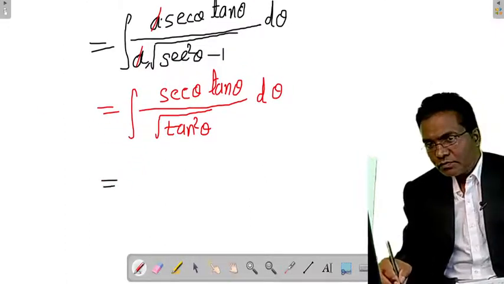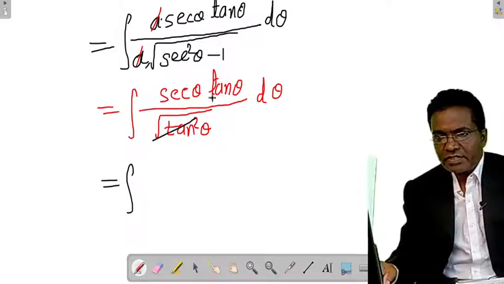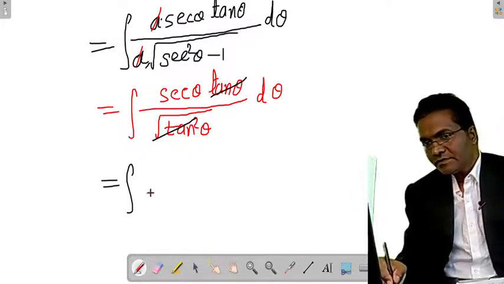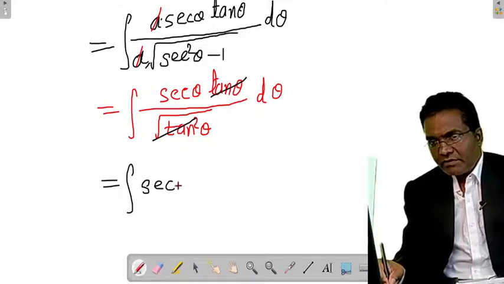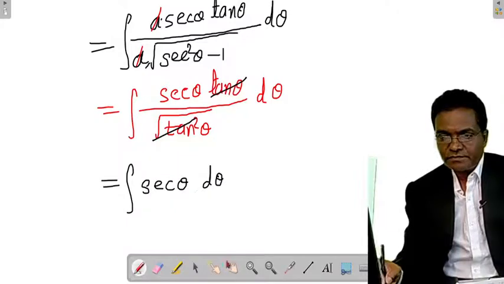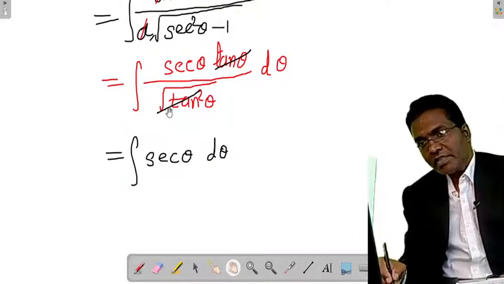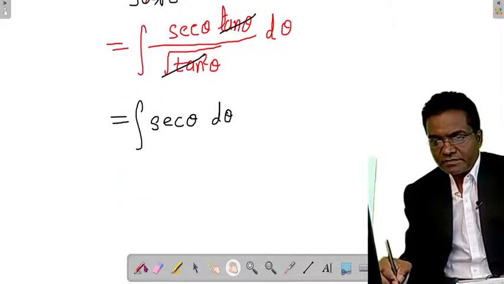So square root of tan square means tan. So this tan cancels, and you're left with sec theta d theta. Remember that square root of tan square is tan theta and this tan theta cancels.